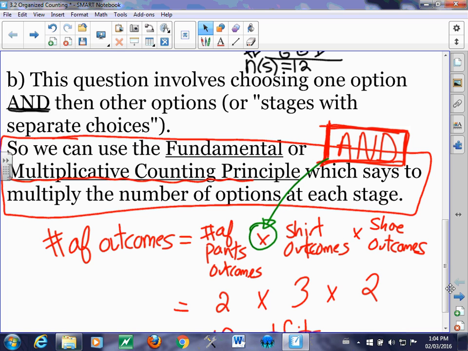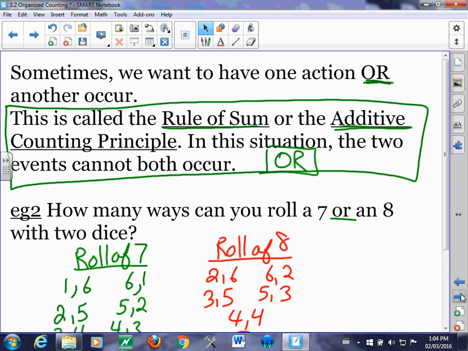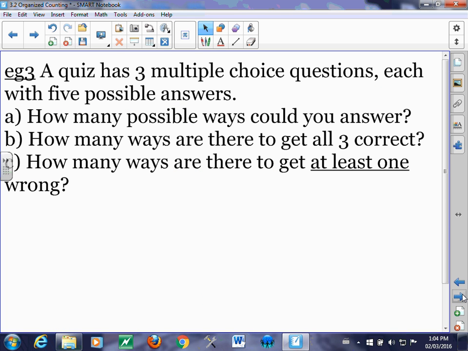All right, let's take a look at a tricky example. This one is not going to be done quickly, and I want you to try to see if you can figure it out as we go along. So, third one. It says a quiz has 3 multiple choice questions. Each has 5 possible outcomes.